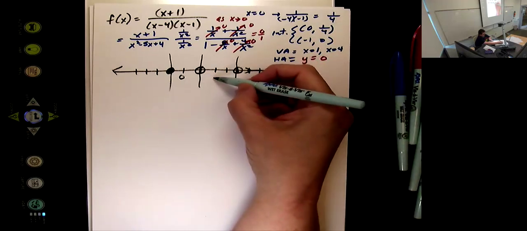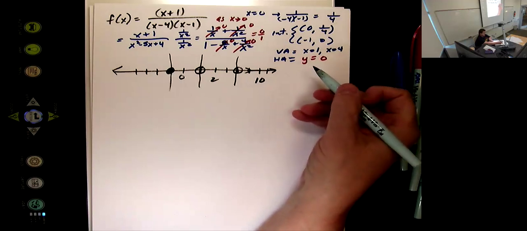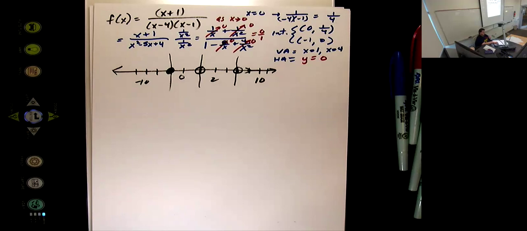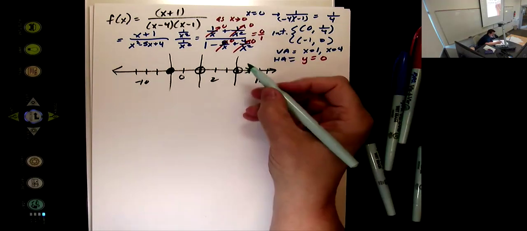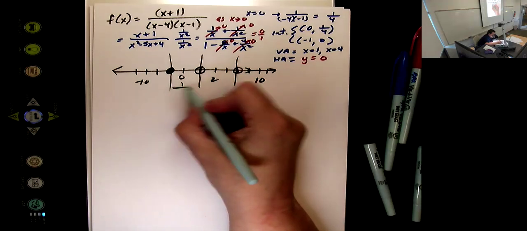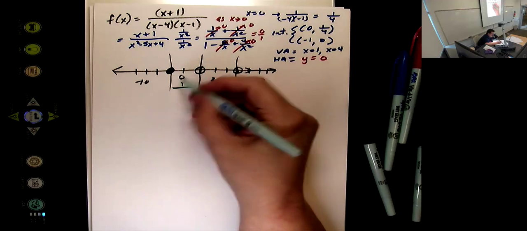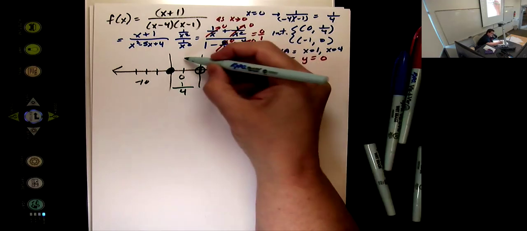So maybe I'll try 2 there and 10 over here. We'll try 0 and maybe -10. If I stick in 0, I got 1 over, well, I already did stick in 0. I got it right up here. That's 1/4. We already saw that. That's our intercept, and that's positive. So this is a positive region.